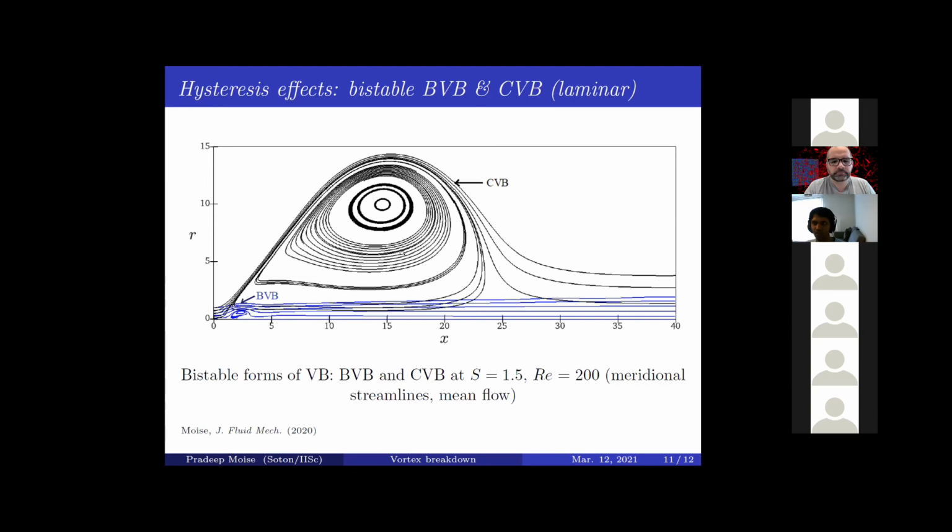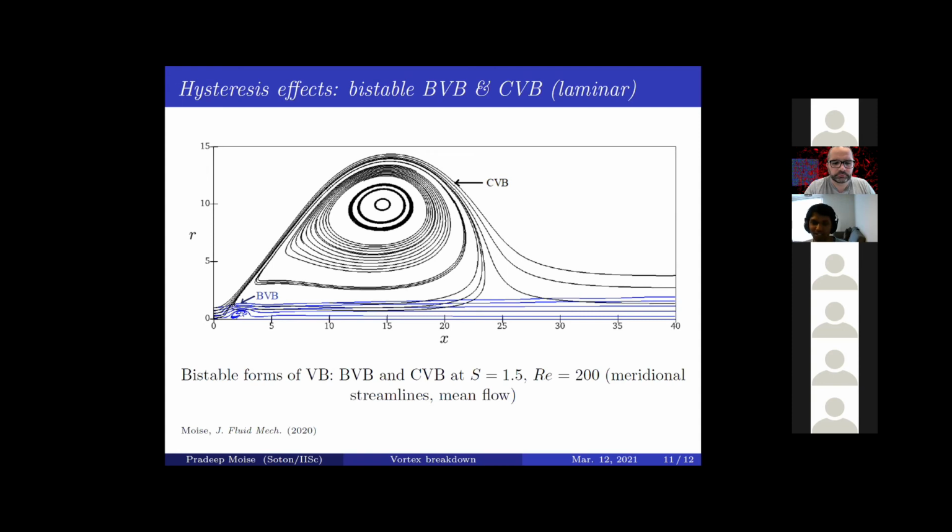And so I was able to sustain this bubble form at a swirl number of 1.5 and a Reynolds number of 200, at which a conical form is usually present, which means that for the same boundary conditions, both the bubble form and the conical form coexist and are chosen based on what initial conditions you start from. And so these are the bistable forms, and this is the most remarkable result of my PhD.